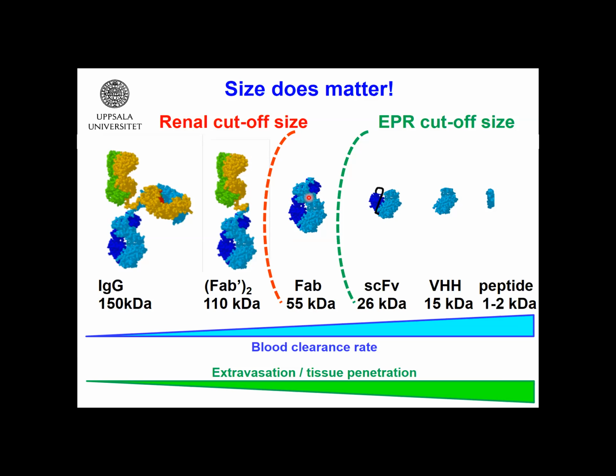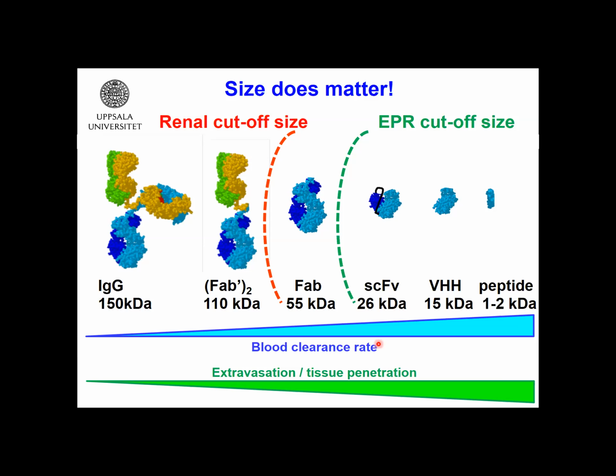Monovalent variants are below the renal cutoff size, so they are filtered through the glomerular membrane in the kidney and excreted quite rapidly. So we are gaining in this case two aspects. The smaller the imaging probe, the quicker the blood clearance rate, and extravasation and tissue penetration could be also improved.